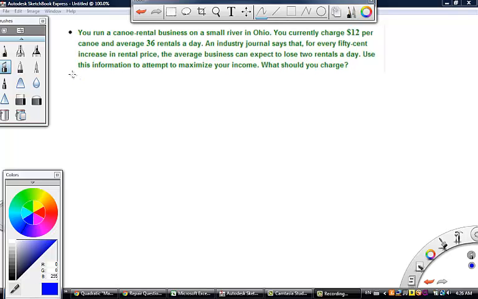What should you charge? Okay, so for this question, your income would simply be the number of rentals times your price per rental.